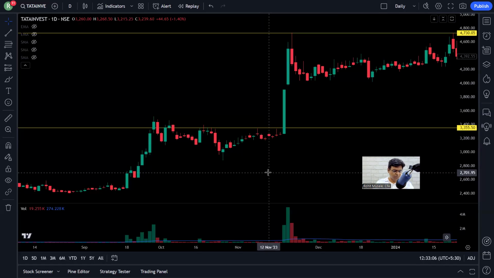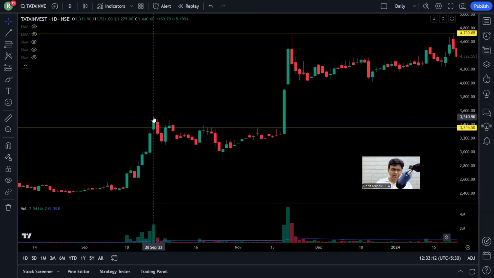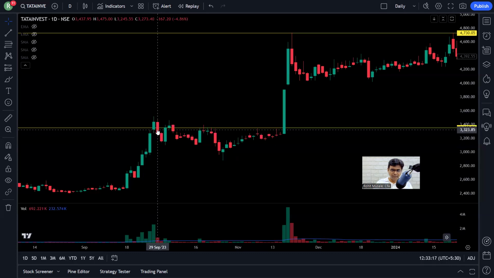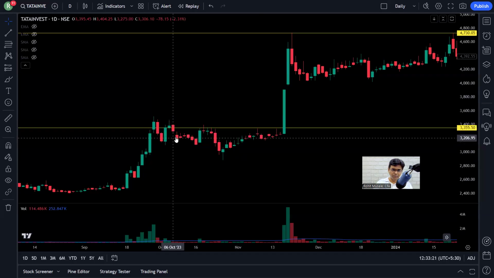So the first thing I look at is the number of candles in the base. So here, if you see, the base starts from here. So this is point number one. If I start counting from here, 1, 2, 3, 4, 5, 6, 7, 8, 9, 10. I'm looking for a minimum of 10 candles, which is 2 weeks of consolidation.